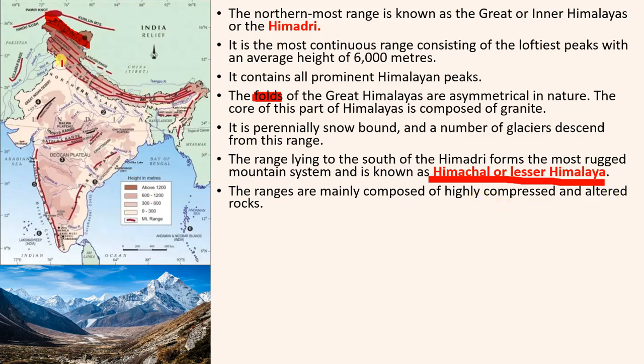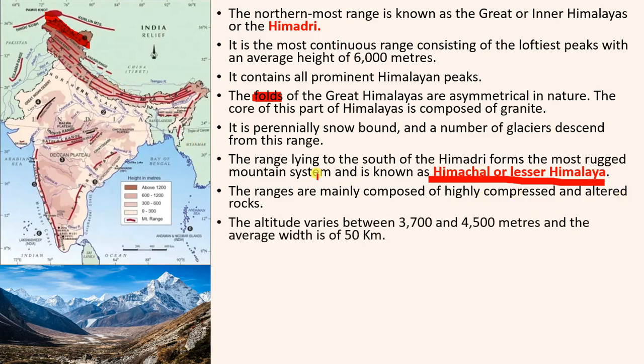Means as this is the middle, from both sides when the fold was created due to the Indo-Australian plate and Eurasian plate, the middle part was compressed a lot, and that way it is the most compressed and altered rock. Altered rock means the original form of that rock has been changed due to that high pressure.